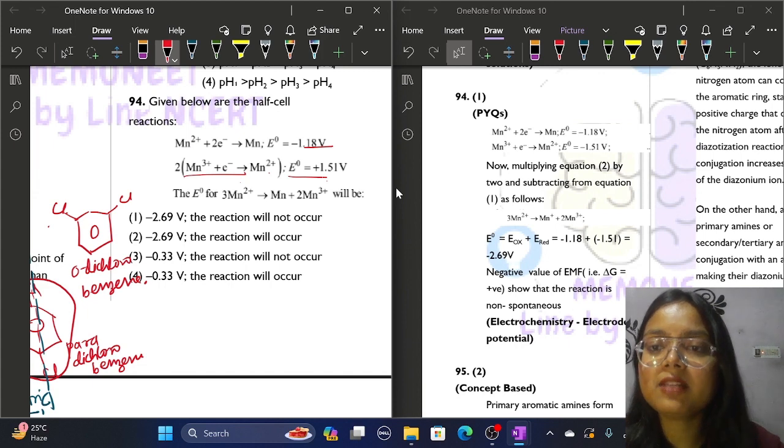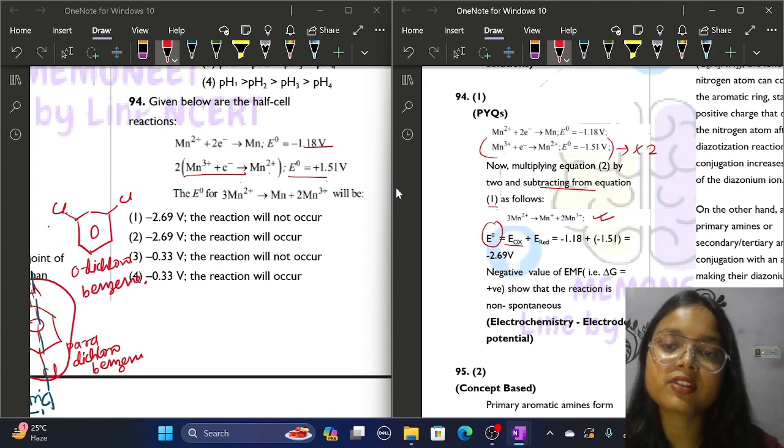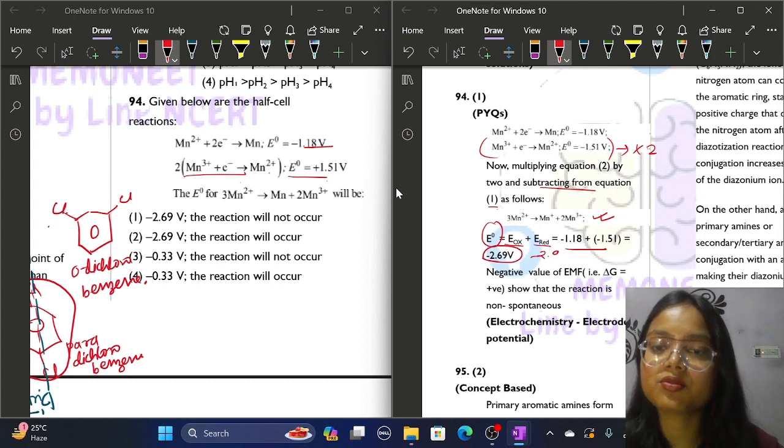We have to multiply equation 2 by 2. So this is equation 2. We have to multiply it by 2 and subtract it from equation 1. So we will get this. Similarly, we will find the E naught of the reaction. What will be E naught? The E of oxidation plus reduction comes out to be minus 2.69 volt.